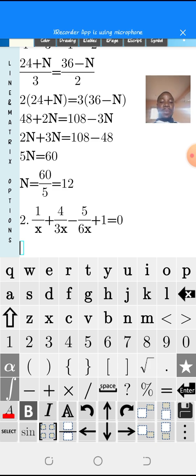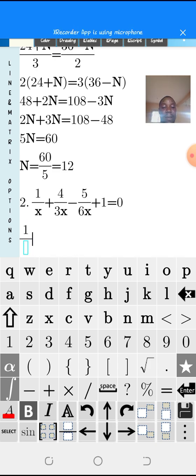This is the same thing as 1 over x plus 4 over 3x minus 5 over 6x plus 1 over 1, equal to 0.